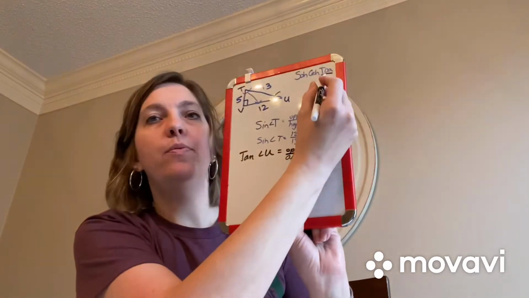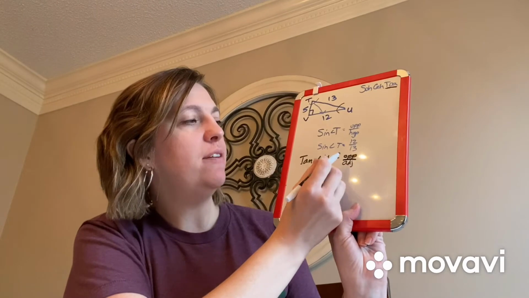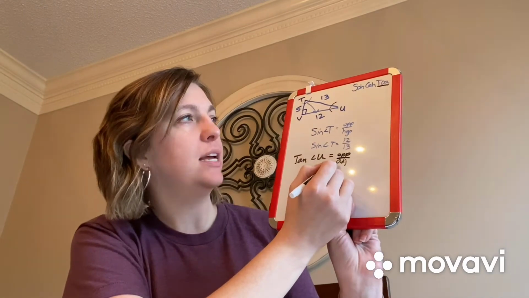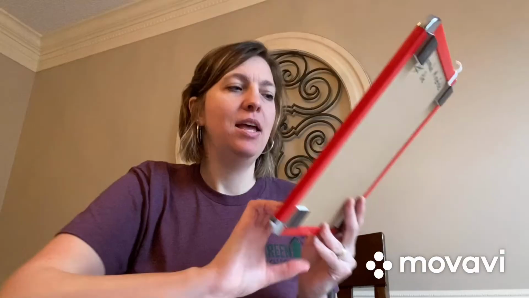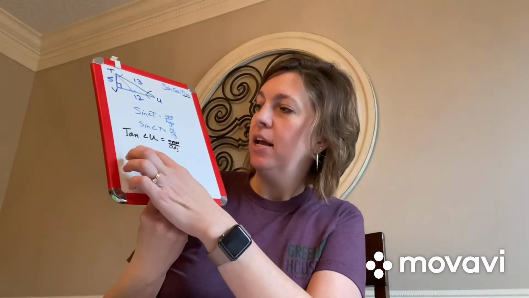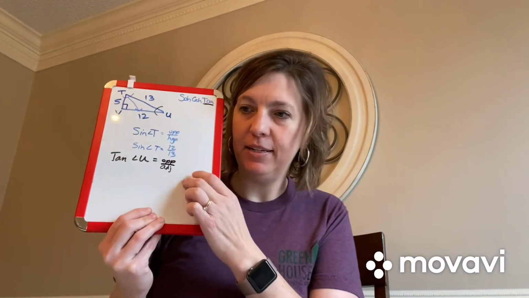We said tangent is the only one that does not have hypotenuse in it. So the tangent of angle U is opposite over adjacent.